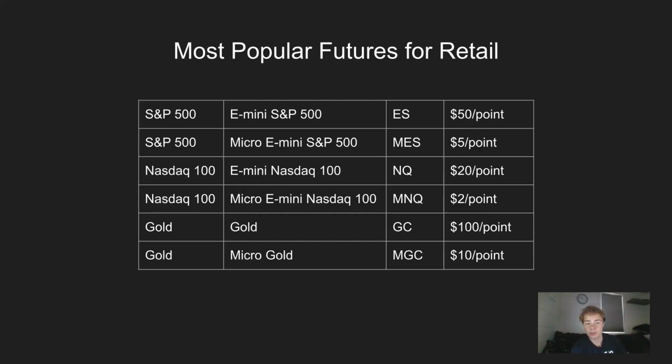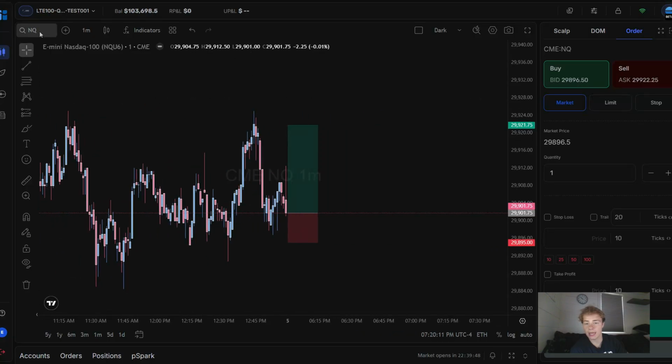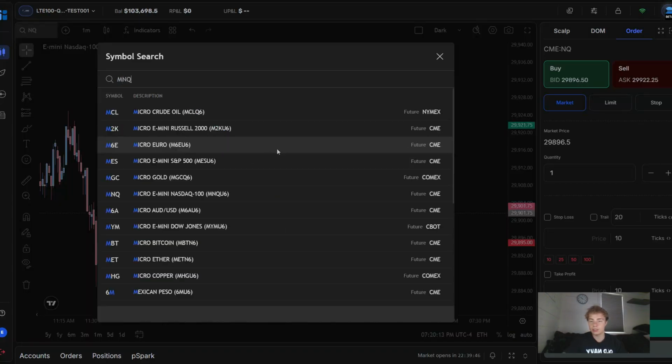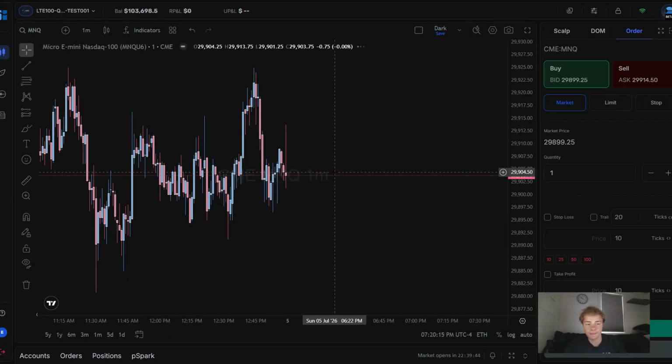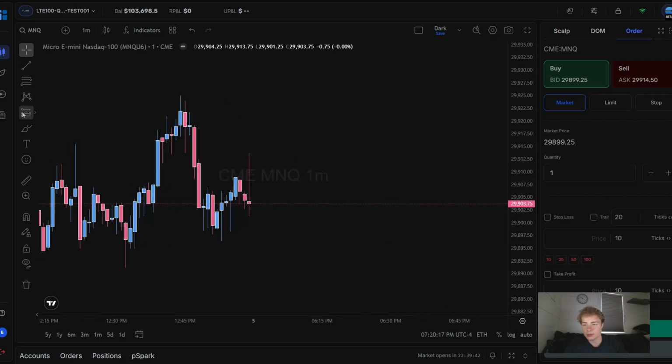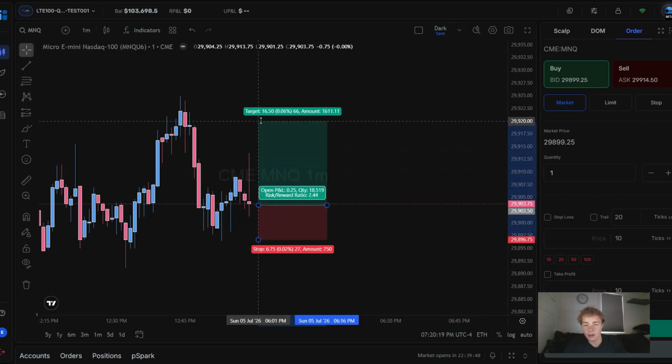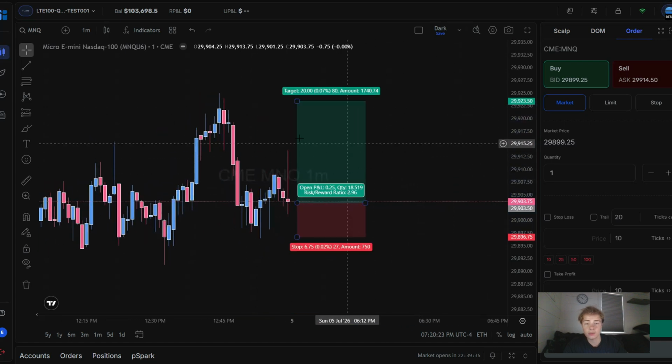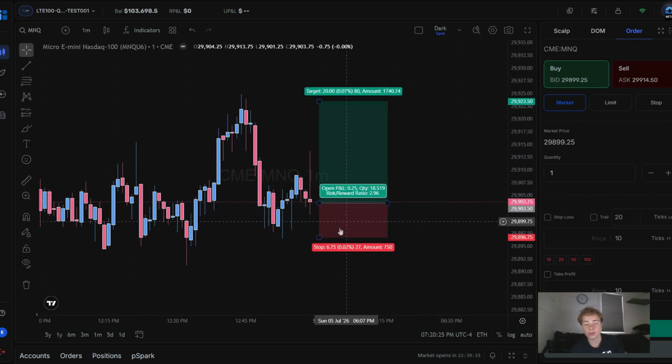So say we went to that same trade on NQ, but it was actually just on MNQ. We had one MNQ contract. Go here, take a long, take a 20-point win. That is only $40, which means that you also risked less.